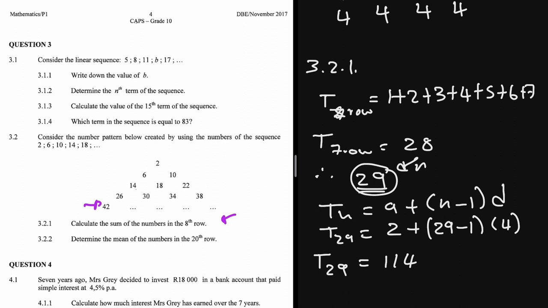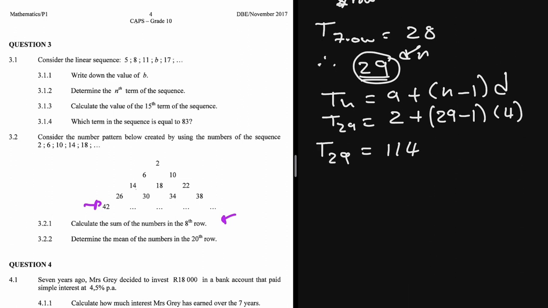So now, if the first term of the 8th row is 114, we already know that on the 8th row, we're going to have 8 terms, because on the first row, you have 1 term. On the second row, you have 2 terms. Moving on like that. That is why we determined that the first term of the 8th row is going to be 29, because these rows have terms that are equal to the row number. For example, in row number 8, we have 8 terms.